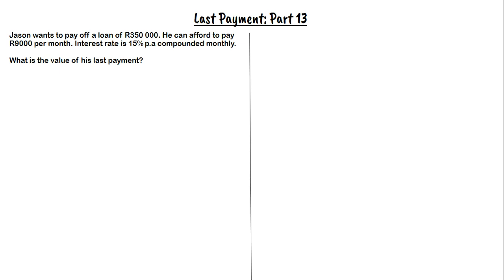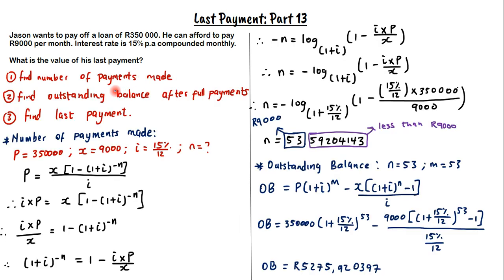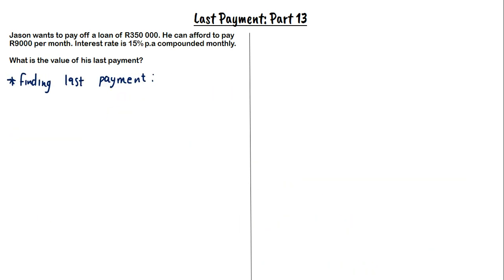And then from here, we are going to do the last step, which is finding the last payment. To find the last payment, all we have to do is take our outstanding balance that we get, and multiply it by 1 plus i, right? So that is how we find our last payment.